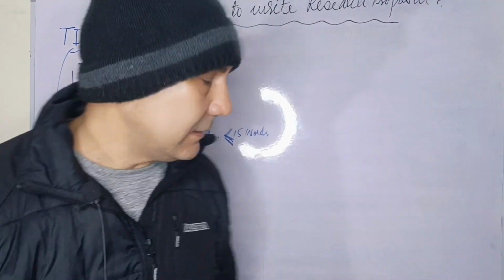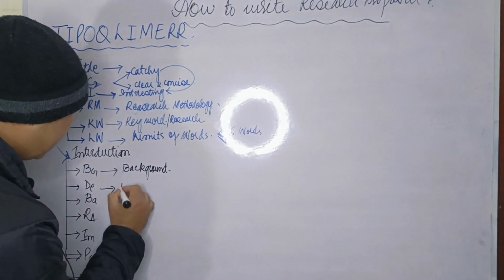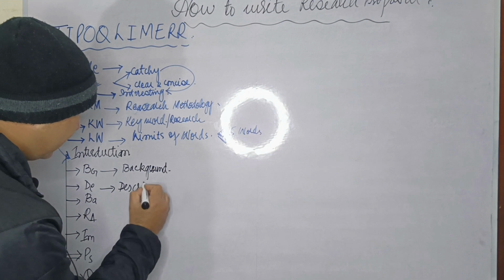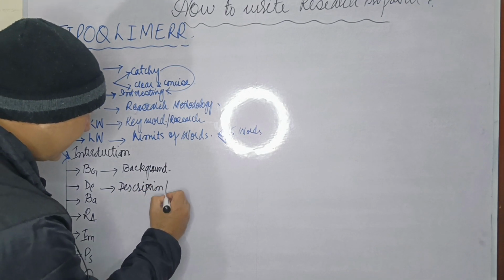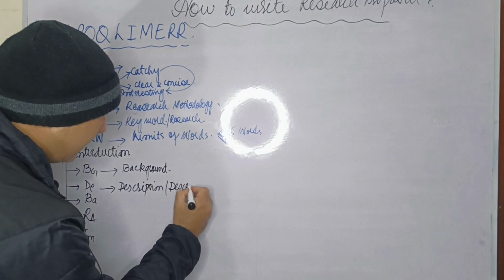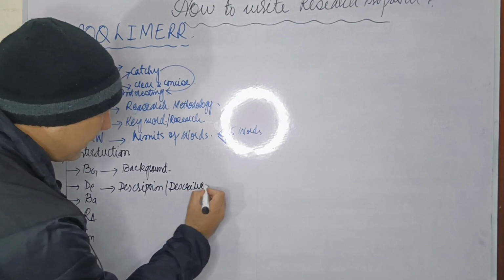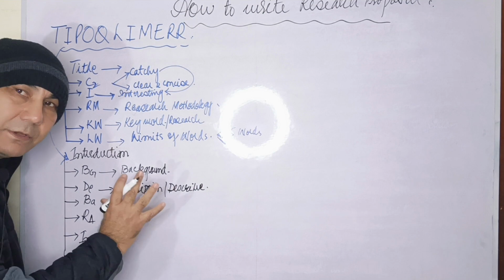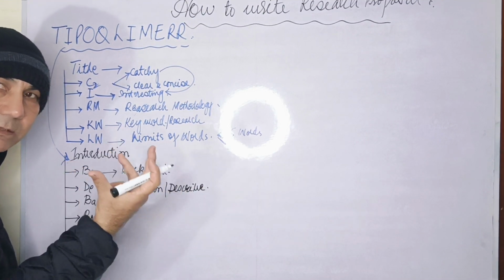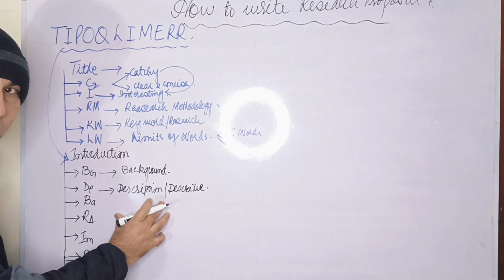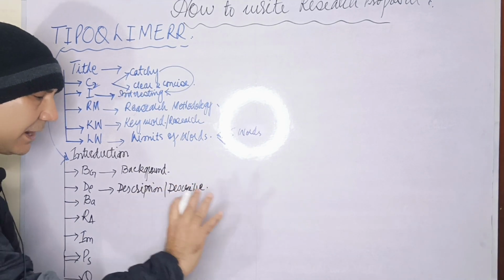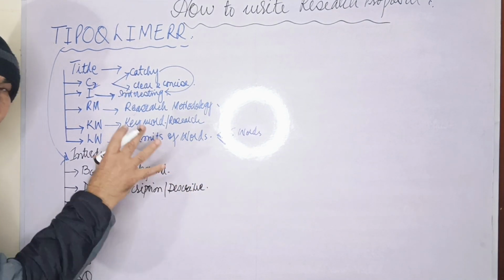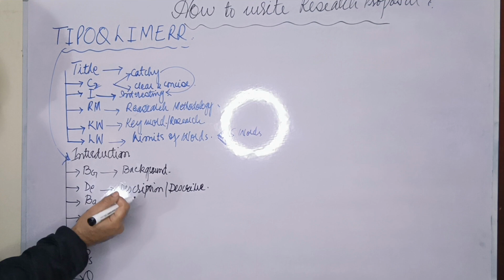And in the DE you will describe your research area. You will describe it in 3 to 5 sentences.